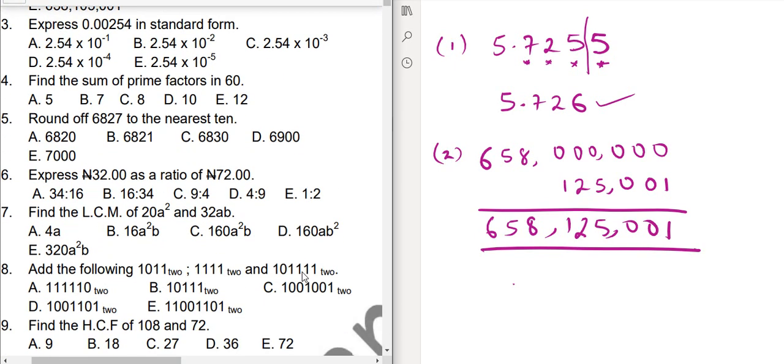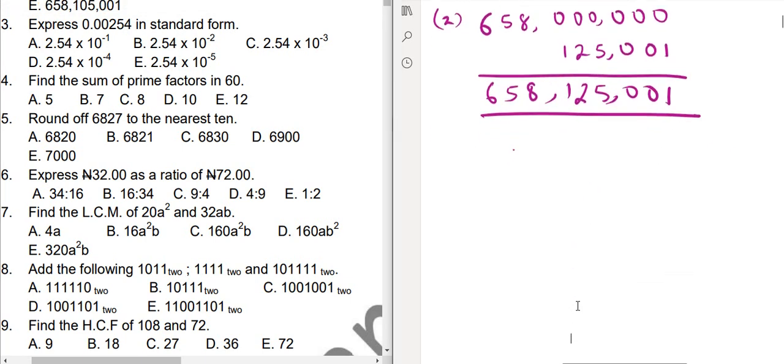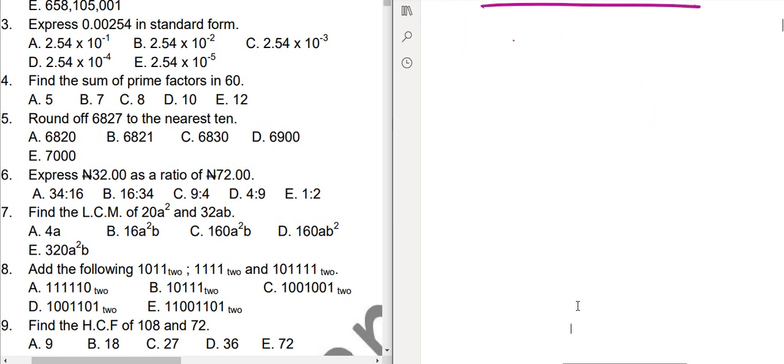Express 0.00254 in standard form. How do we express in standard form? We have to move the point to after the first significant number.